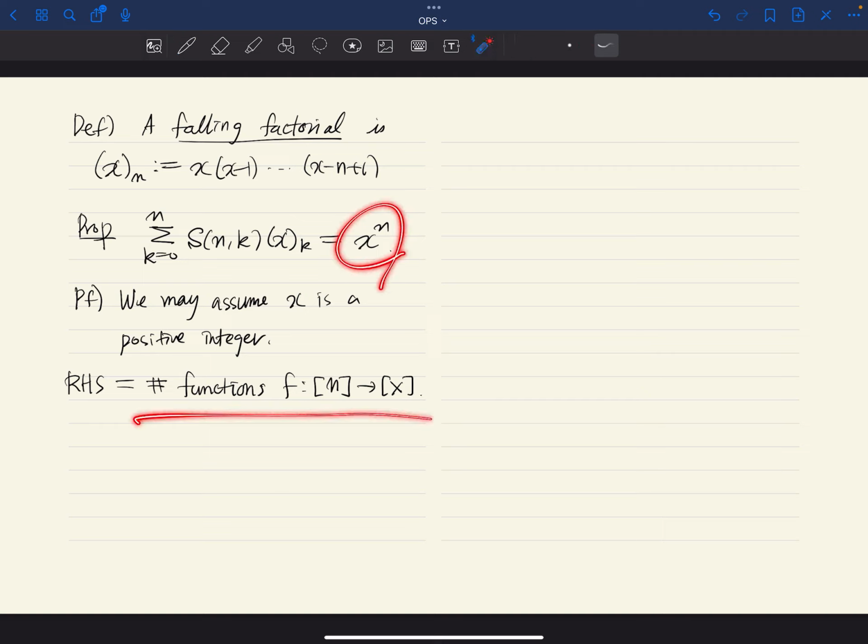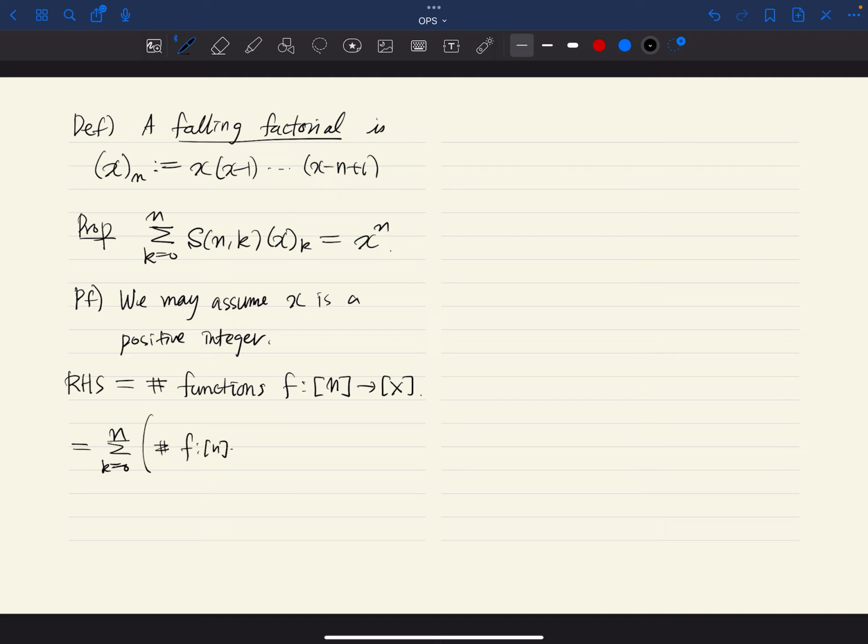This is the number of all functions. Now we will separate this as a sum over k from 0 to n, counting the number of all functions according to the size of the image, with k elements in the image.